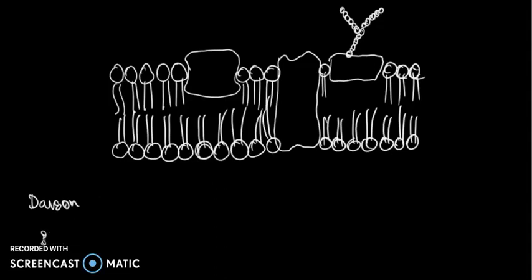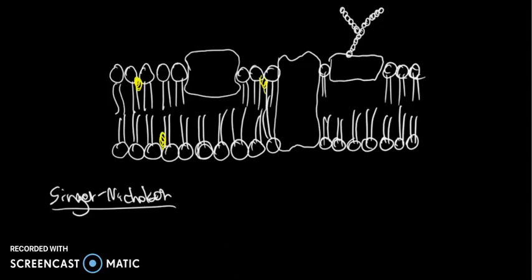But as you can guess, we've moved on to a different one called the fluid mosaic model, and this is called the Singer-Nicolson model. Now, the Singer-Nicolson model has many features, such as proteins that go through the cell membrane, as well as different molecules within the cell membrane, such as cholesterol. The previous version did not have this, but this version did.